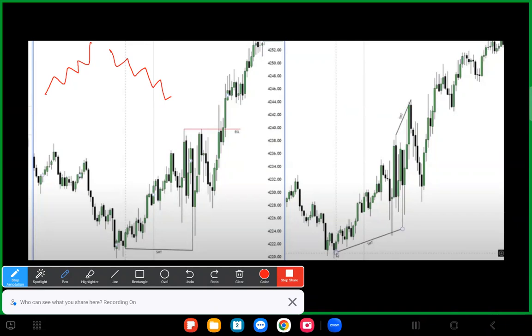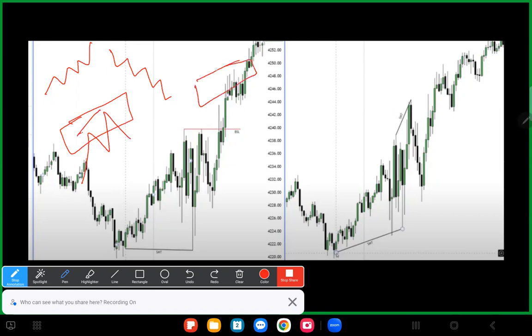Now, SMT by itself doesn't mean anything. So don't go into the charts and every time you see SMT, try to take a reversal trade. Don't do that, because SMT on its own doesn't mean anything. But when you blend it with other things, that's when you get these really powerful trades, and also when you blend SMT with key levels. So for instance, let's say that price moves up here, and then it goes like that on one asset class.